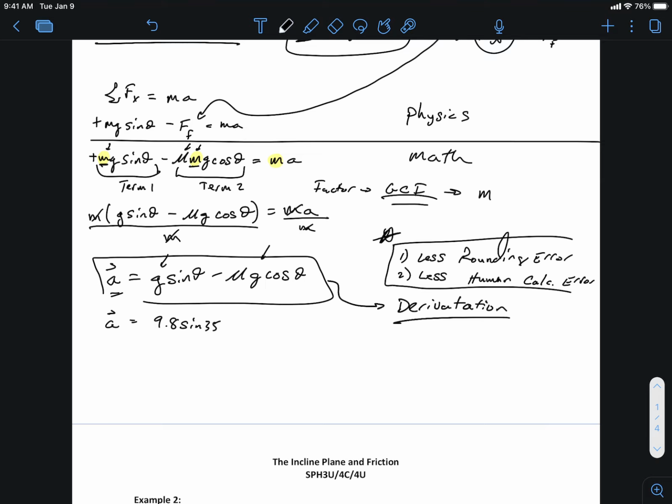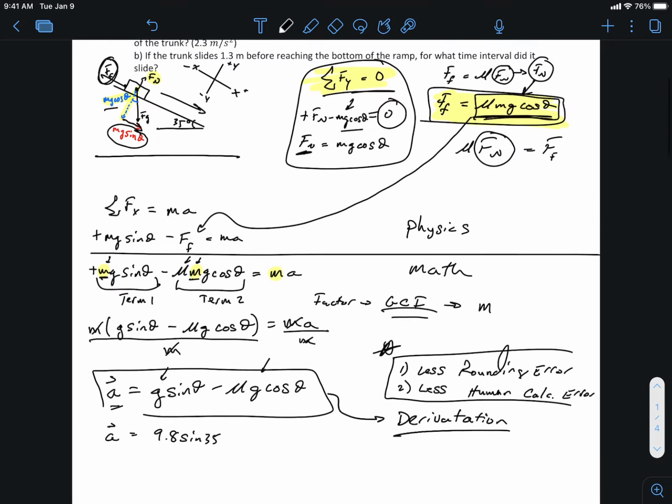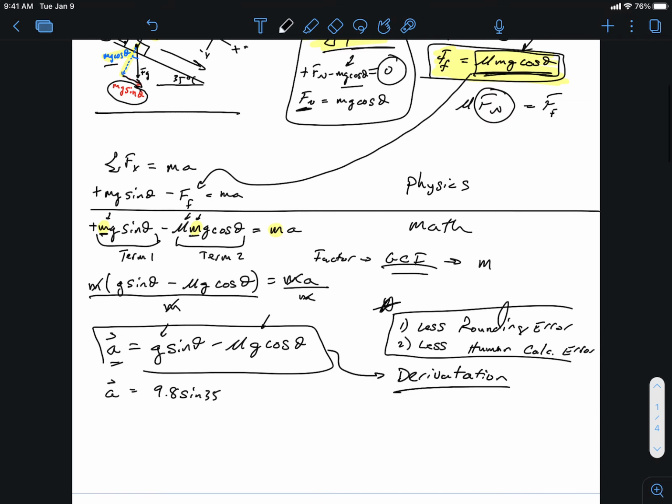What I'm bringing to your attention, and I might choose to do something tricky, Elizabeth. Not tricky, but like you guys will be able to do this. But I would prefer you guys be able to do all this work, so that I know that you know how to do it. But this word will come up. It's a derivation.